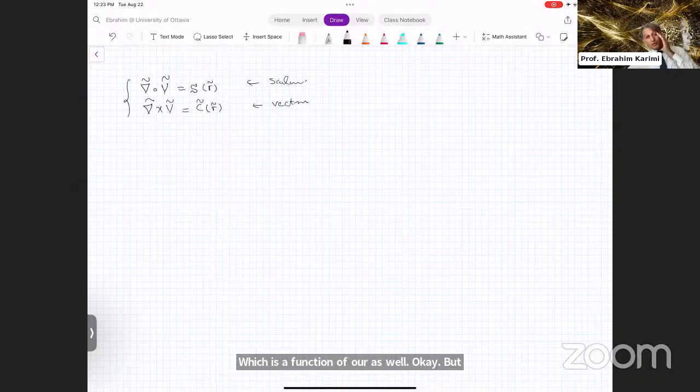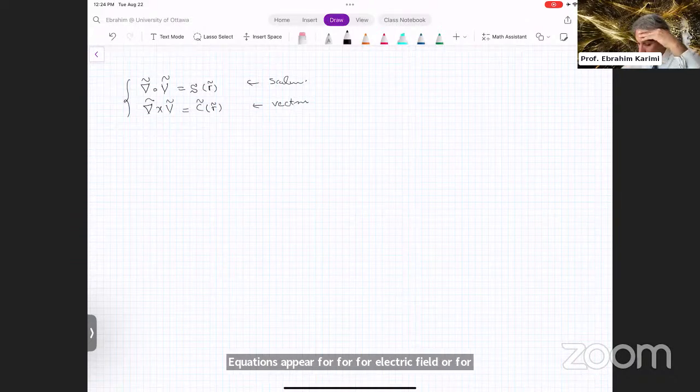But what we need to know is that you will see that in almost all parts of electrodynamics, these two equations appear for the electric field or for the magnetic field.